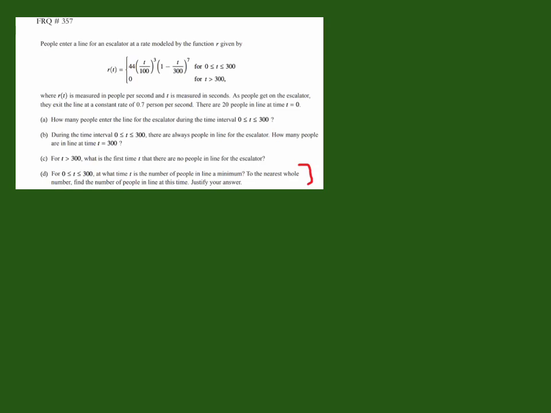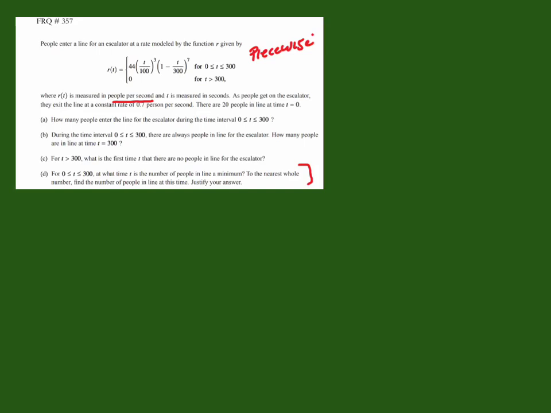People enter a line for an escalator at a rate given by this rate. Now notice this is piecewise. From 0 to 300, it's the top equation, and after 300, no one is getting on. R(t) is measured in people per second, so remember that unit, and t is measured in seconds.